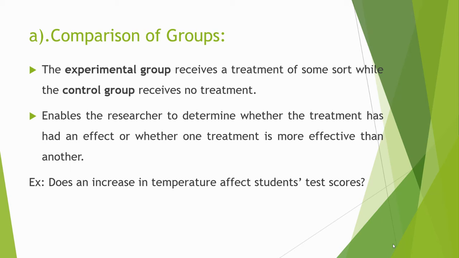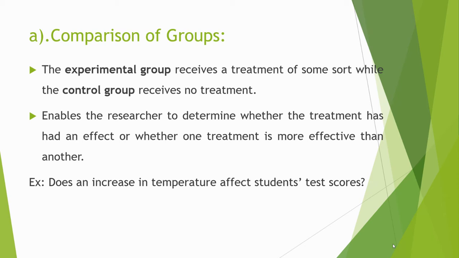To make things clearer to understand, let me provide you an example. Does an increase in temperature affect student taste score? Based on this example, the independent variable in this experiment would be the temperature, and the dependent variable is the taste score.